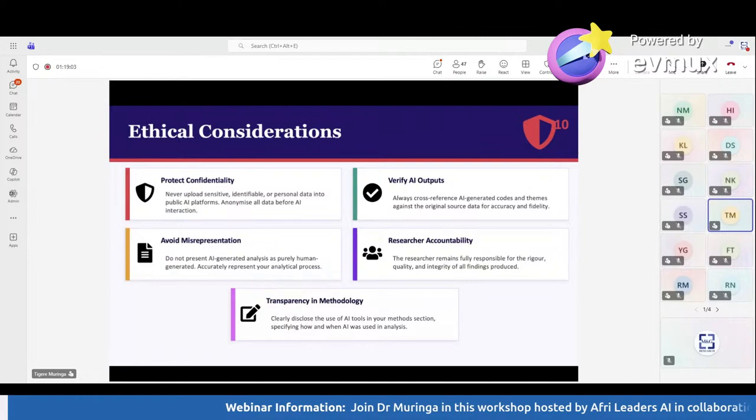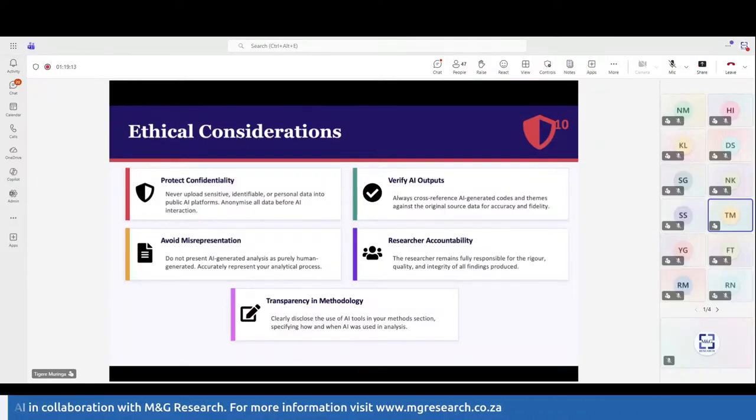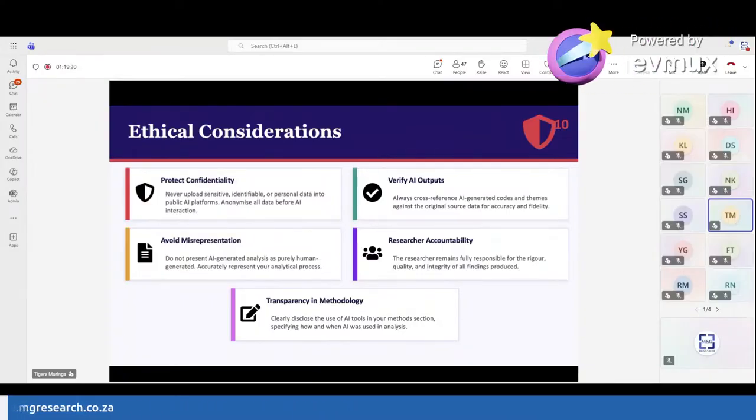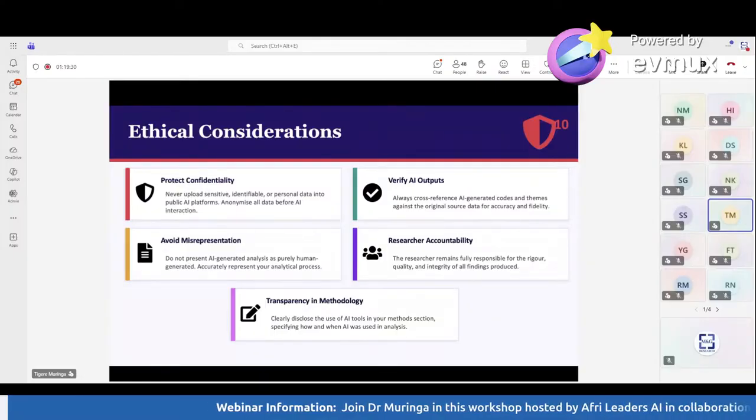We need to talk about ethical consideration. We're saying we need to protect confidentiality. And the challenge with these large data platforms is that they have a tendency to not protect the data of the researcher, right? So we're saying never upload sensitive, identifiable, and personal data into AI platforms, right?